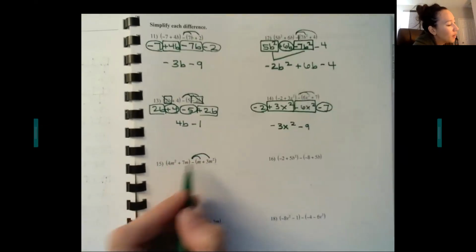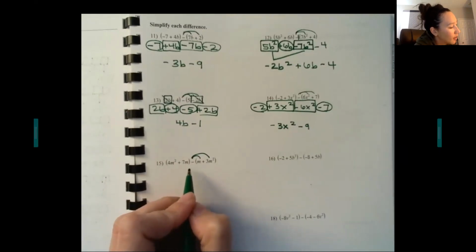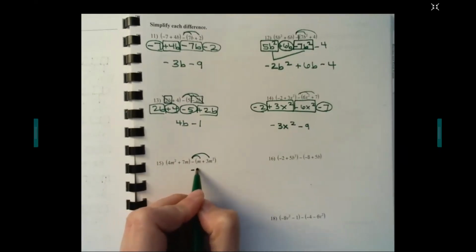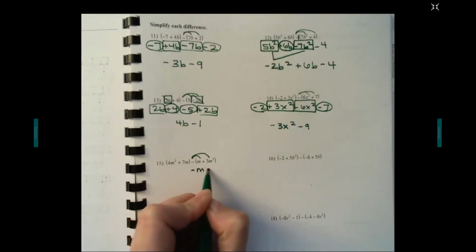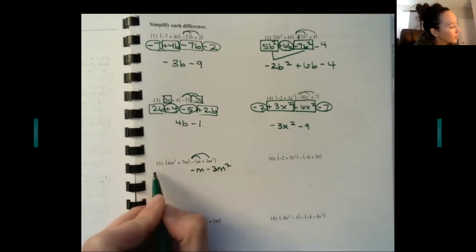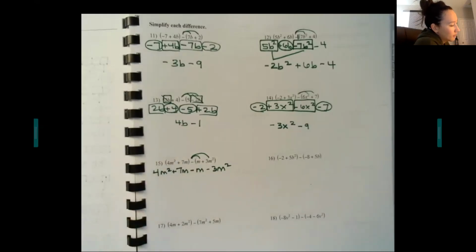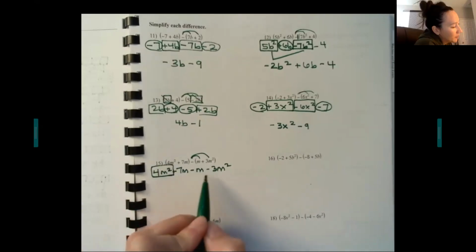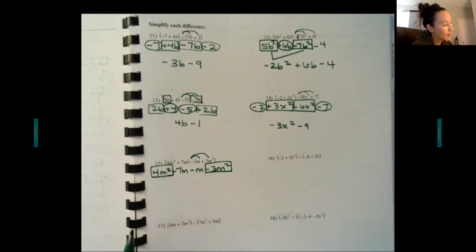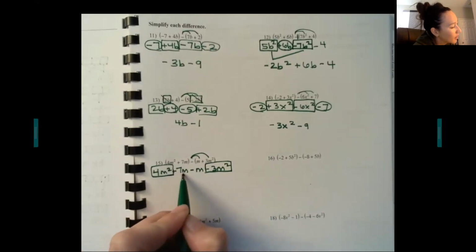Candace, number 15. So do I tell you how I simplified it? Yeah, can you tell me what you got when you distributed? Okay, so when I distributed, I got negative m minus 3m to the second power. Excellent. Okay, and then now go ahead and tell me what you boxed and circled. So I boxed 4m to the second power. Good. And negative 3m to the second power. And then I circled 7m and negative m.